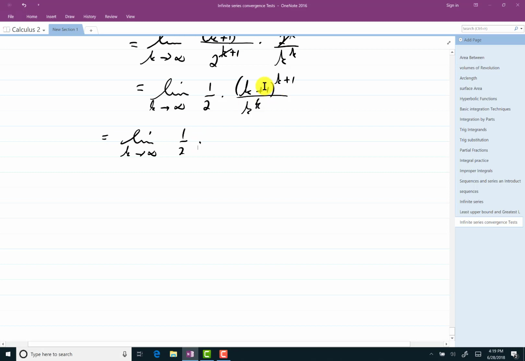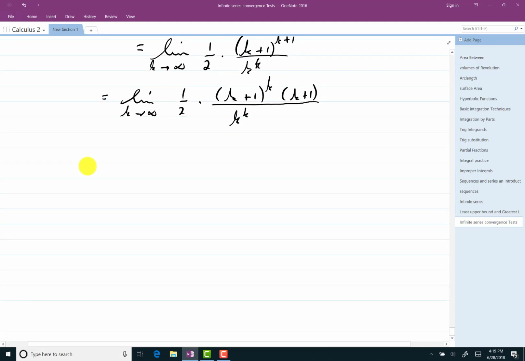What I'm going to do is break it up into k plus 1 to the k times k plus 1, and that'll be over k to the k. I'll rewrite this one as one fraction, so I'll have that piece k plus 1 over k to the k, and then I'll have a k plus 1 out there.